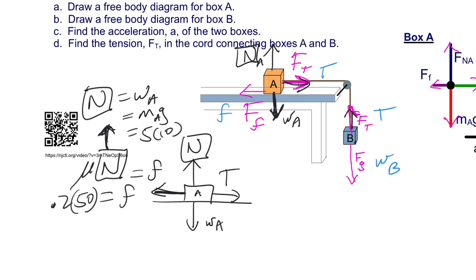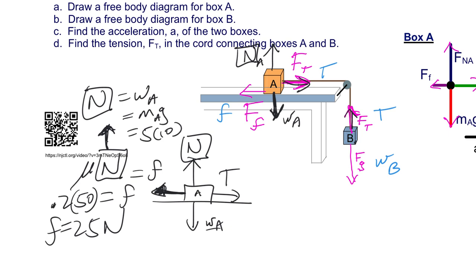That's what the weight is, that's what the normal force is. So 0.2, the coefficient of friction, times the normal force is 25 newtons. So I had to do that work to find the friction. Now I can skip the weight A and the normal force because they cancel each other out. I just needed the normal force to find the friction.